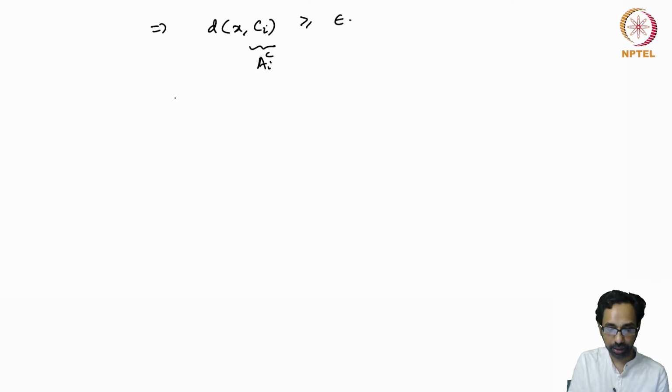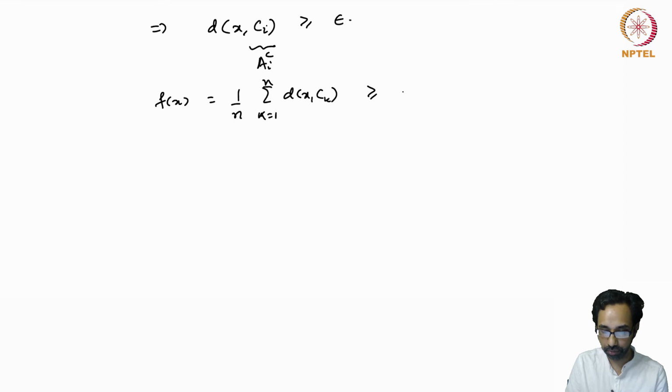epsilon, and so we have that f of x, which is equal to 1 over n sum of d(x, ck) for k from 1 to n, is greater than or equal to epsilon over n. So this is strictly positive.